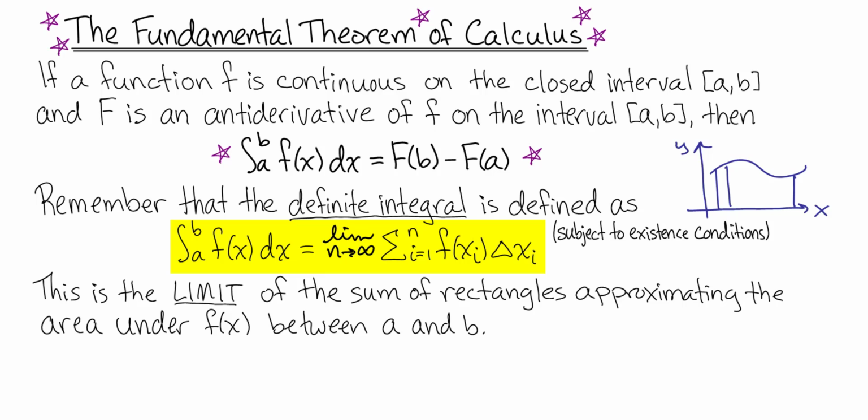And we do that by breaking it up into rectangles, adding up those areas, and then taking the limit as the number of rectangles approaches infinity, or the size of the rectangles approaches 0. A definite integral is a limit. It's a limit that defines integration.